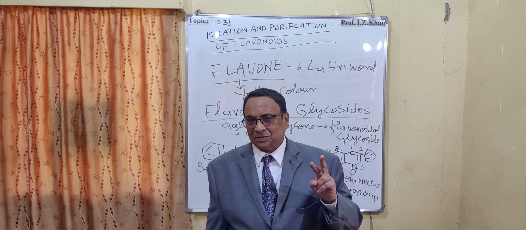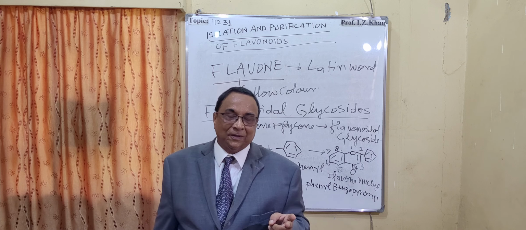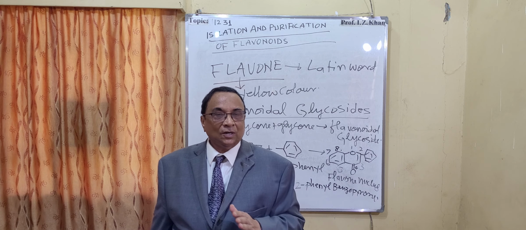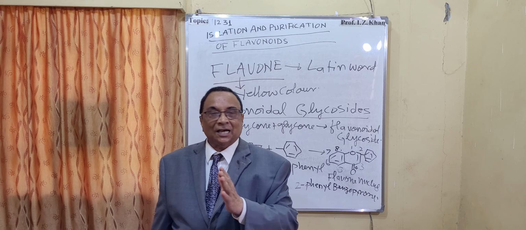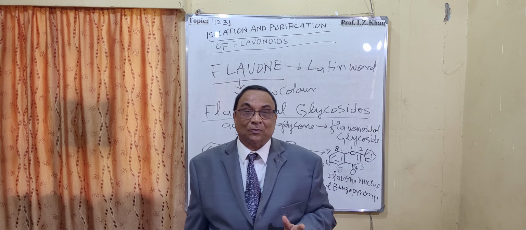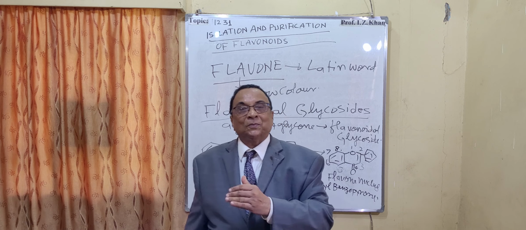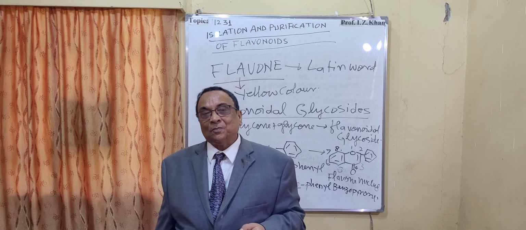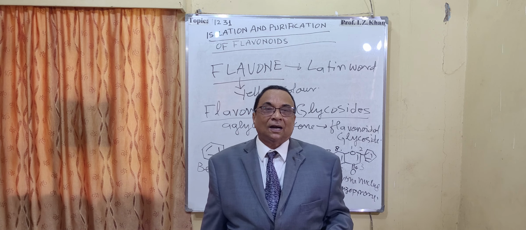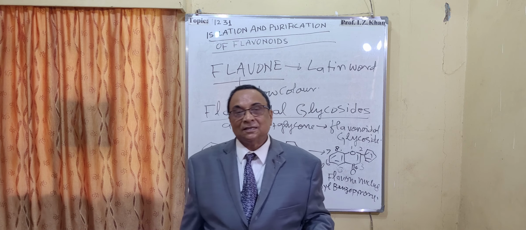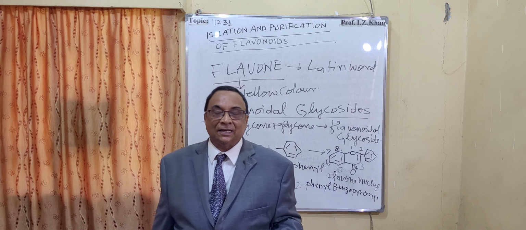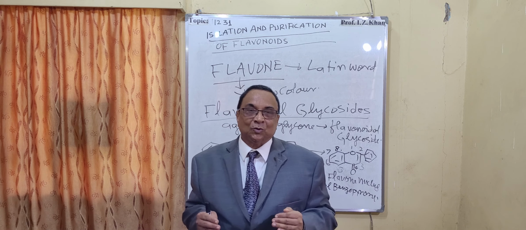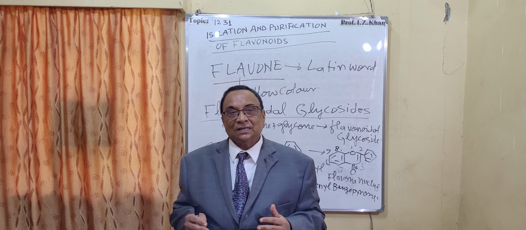Mainly these two, column and thin layer chromatography, can help you to purify. And once they are purified with the help of chromatographic technique, then we proceed for the structural determination. That pure compound will be subjected to spectral studies with the help of NMR, IR and UV. Then we will be in a position to establish the structure.